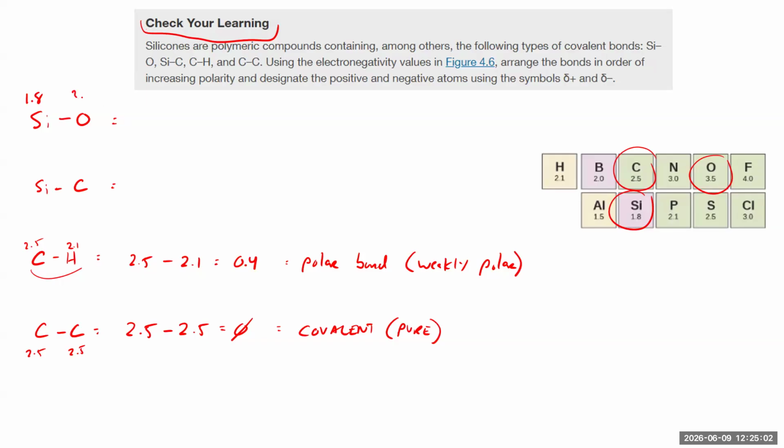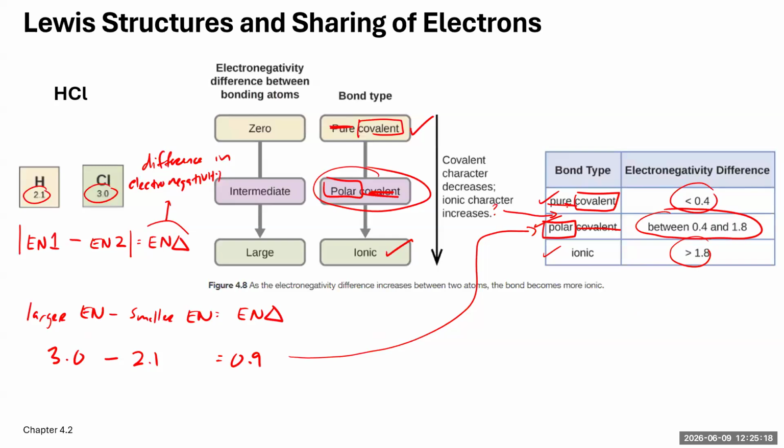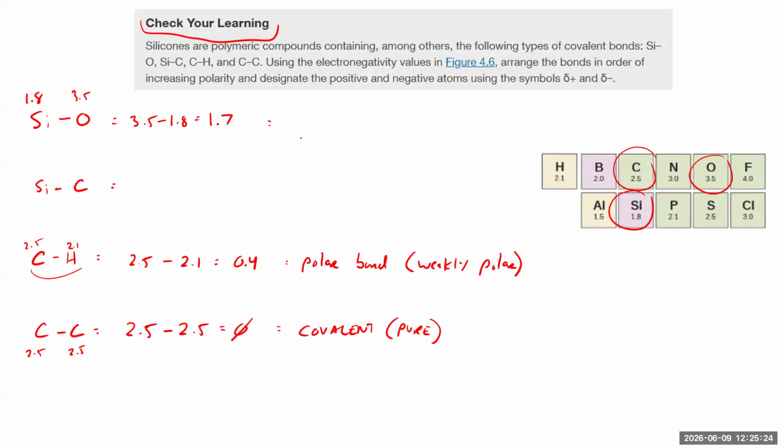O is 3.5. Let's do 3.5 minus 1.8. That's going to be 1.7. So if you look that up, it's going to be polar because it's between 0.4 and 1.8. So we're going to say it's polar.